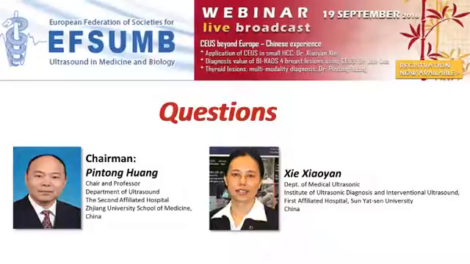We use it 2 times. The first time, we just use contrast ultrasound. Maybe we cannot observe the tumor's arterial phase, but we can wait for 2, 3 or 4 minutes to observe the washout of the tumors, so we can see a low enhancement area in the liver.